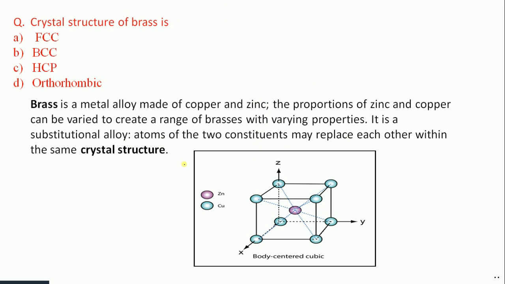The crystal structure of brass is body centered cubic. You can see there is an atom in the middle covered with the atoms of copper. So the zinc atom is in the middle and copper atoms are in the outer shell. Therefore, option B is the correct option.